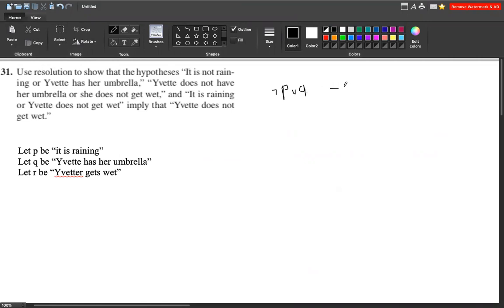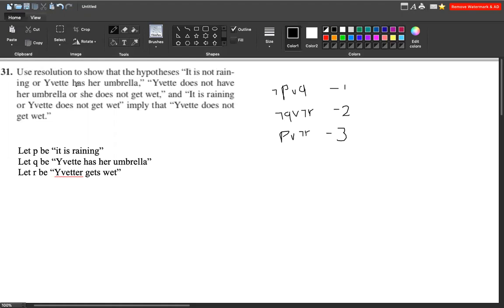So this is our number one. Number two is going to be negation of Q or negation of R. Then we have another, P or negation of R. So this is our third one.